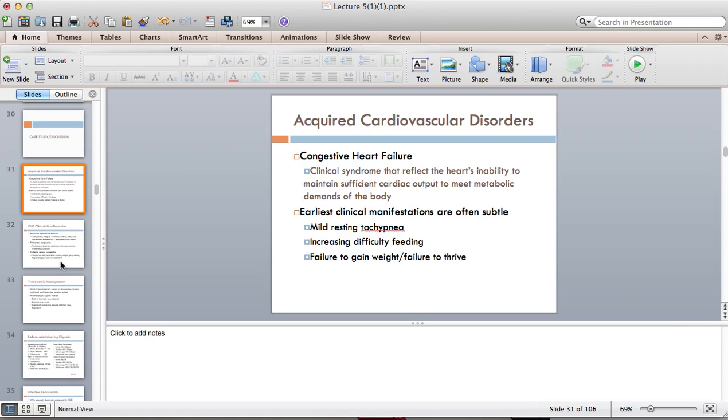The child will feel more comfortable when you prop the child up, or mom can say, you know what? When I hold him up on my shoulder, he feels better. As soon as I put him down, he starts to struggle again.